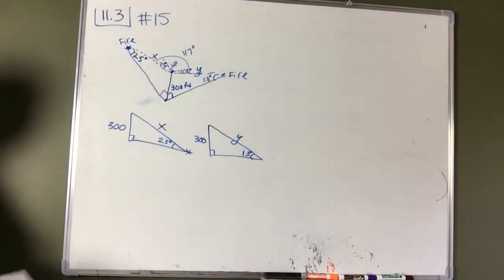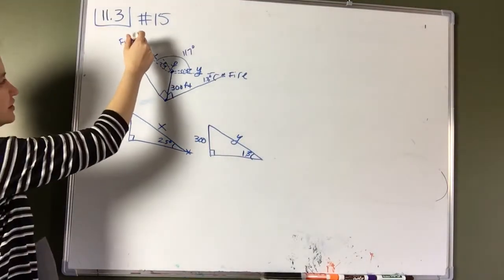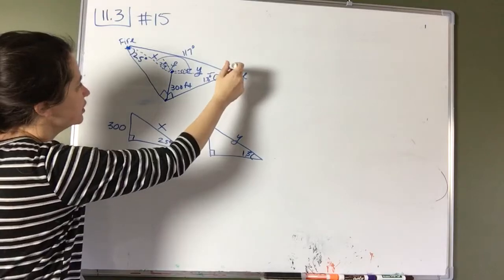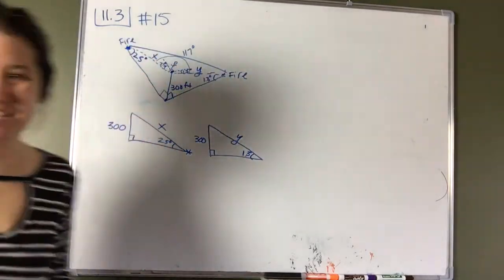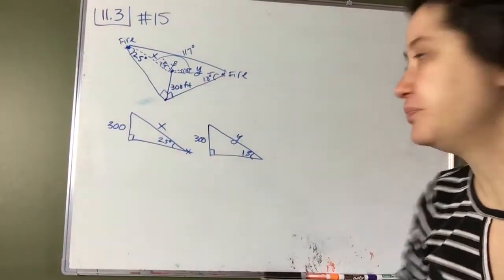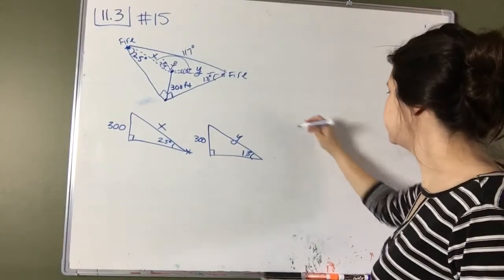Now, can you see how there's a third triangle in the picture? If I connect the two fires together, we have a third triangle that's not a right triangle. I'm going to draw that triangle.